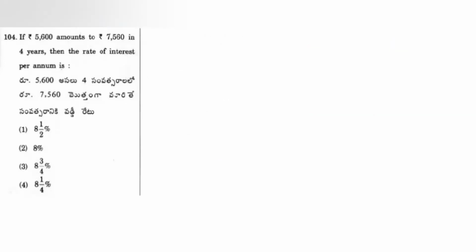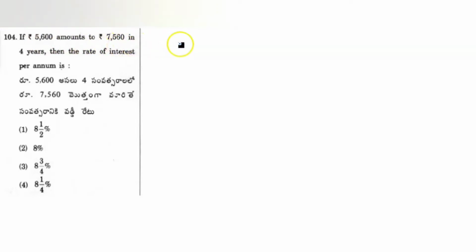Now coming to next question. If 5,600 rupees amounts to 7,560 rupees in 4 years, then the rate of interest per annum is. So it is given 5,600. This is the principal amount, the amount invested, and it became 7,560 in 4 years.